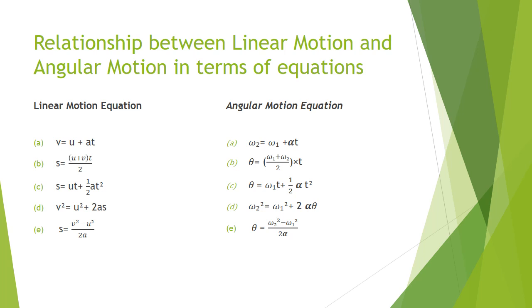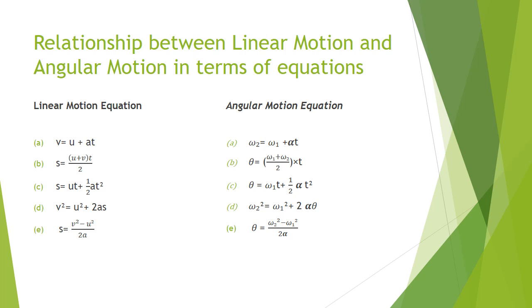And then D: here we have v squared is equal to u squared plus 2as. And there we have omega 2 squared is equal to omega 1 squared plus 2 times alpha times theta. And then E: on the linear motion we have s, which is displacement, is equal to v squared minus u squared over 2a, where a stands for acceleration.